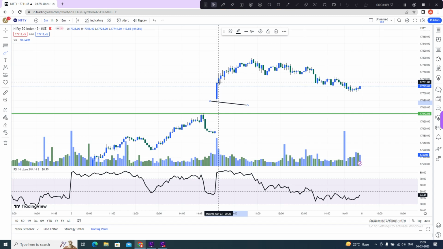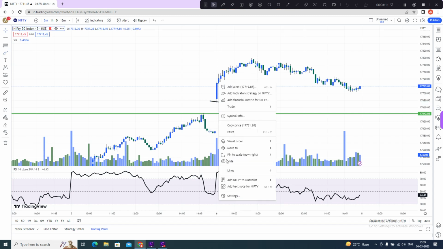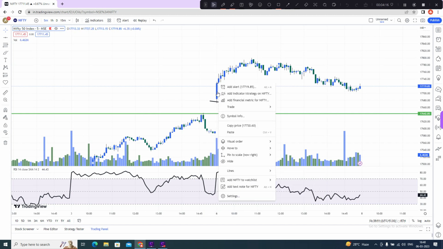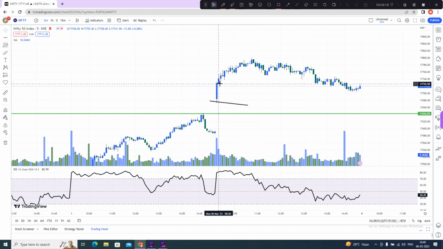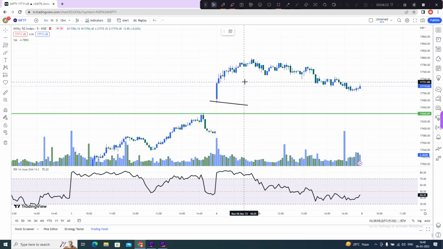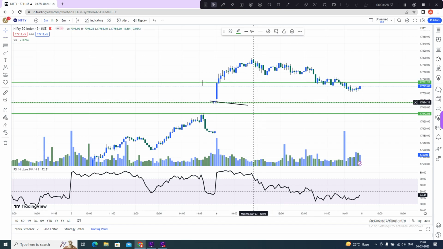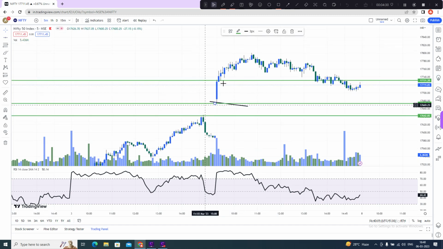This type of setup is also known as ORB, open range breakout. In this kind of setup, we can mark the high and the low of the first 5 minutes candle, and whenever any one of them is breached, we enter, and the stop loss will be the low of the first 5 minutes candle if you enter on the upside, and the high of the first 5 minutes candle if you enter on the downside.